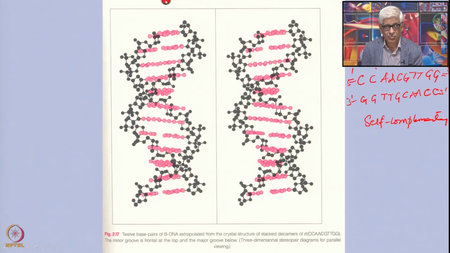So, in this B DNA as well as in A DNA, we have 2 right handed helices which are intertwined to form base pairs, but there are differences in the structural elements. How much is the distance between one base pair to another base pair? Typically it is about 3.4 angstroms here. So, therefore, if I take 10 base pairs, this turn of the DNA is about 34 angstrom.